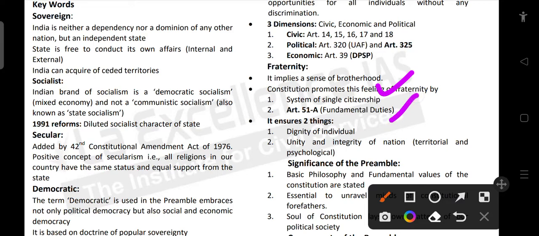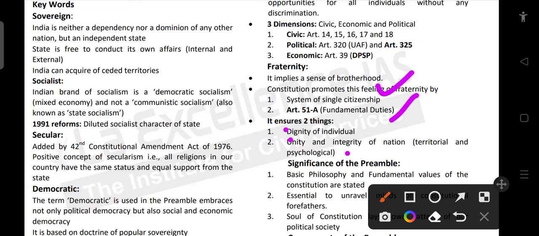Article 51A talks about the fundamental duties, so this also promotes brotherhood. And fraternity ensures two things: dignity of the individual, and unity and integrity of the nation, territorial integrity and also psychological integrity.